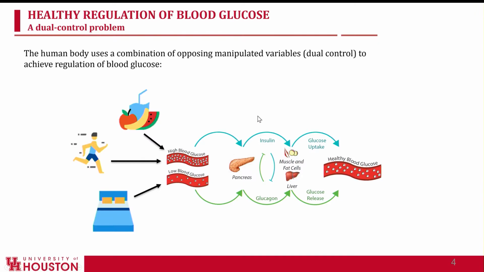In turn, insulin takes the excess glucose and stores it in the liver, in the fat cells, and in the muscles for uptake at a later stage. Okay, so the glucose concentration goes down and it remains within a healthy bound. This is similar to the brake pedal in the car.